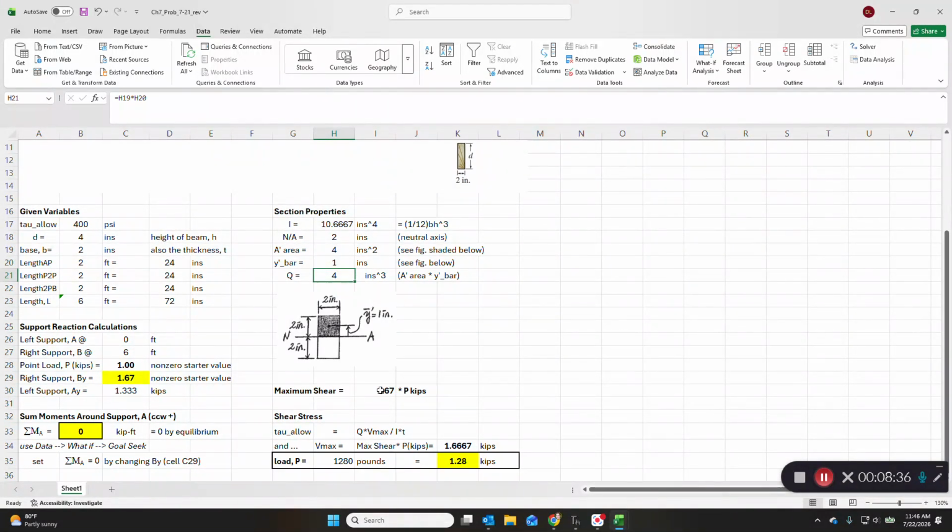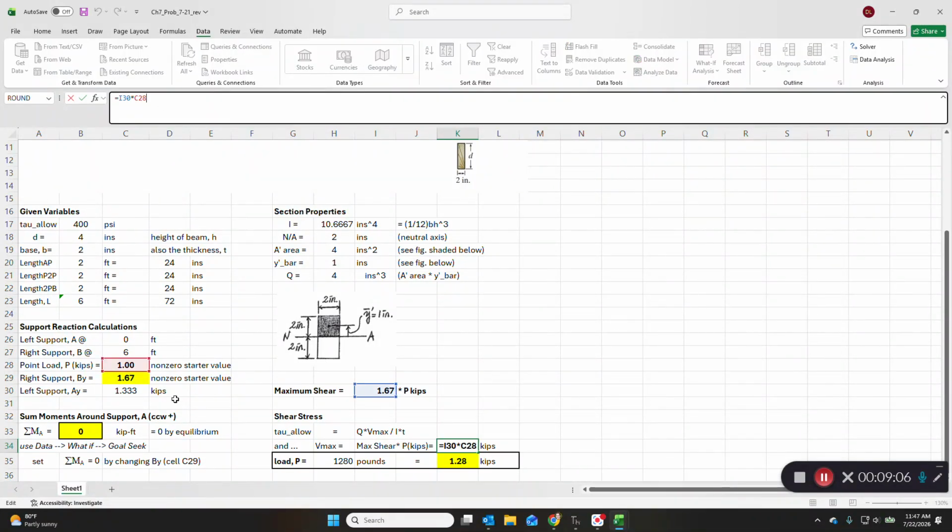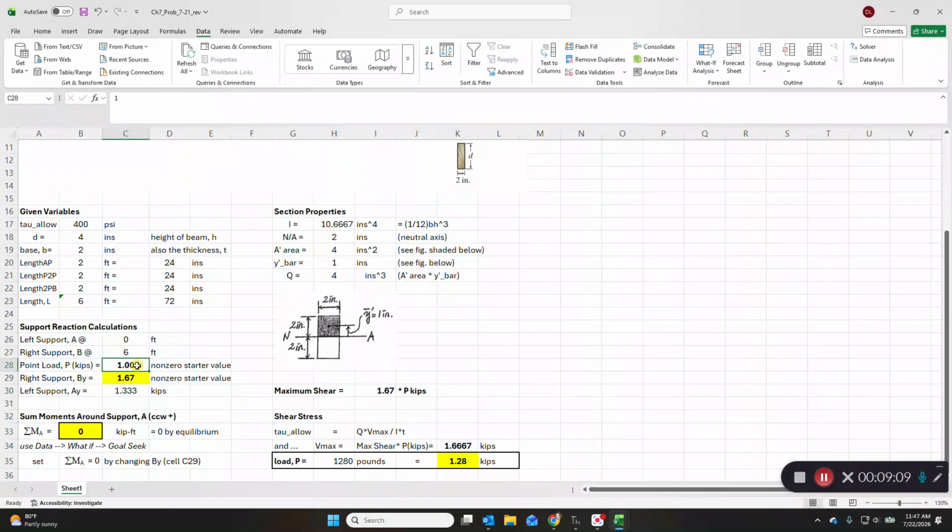V max is whatever this value is, based on a point load of P, and we've called it 1 for now, right? Divided by I, which is the area moment of inertia, that's a constant here for a 2 by 4, times T, the thickness, and the thickness in this case is going to be 2 inches. All right, so all that said, we know that our maximum shear now is still this P value, which is assumed to be 1 times 1.67, right?